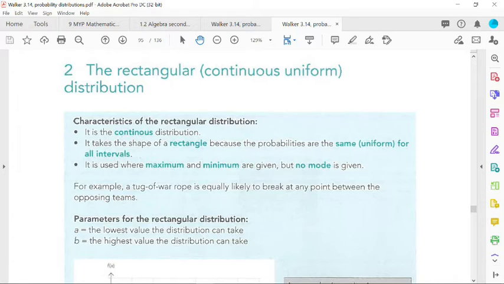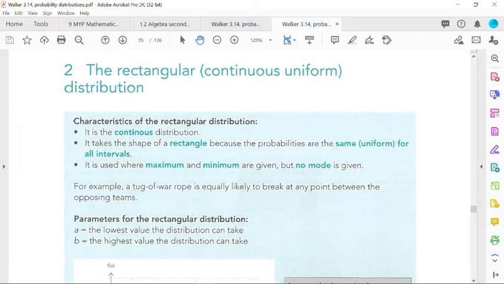That's what continuous means. It takes the shape of a rectangle because the probability is the same at all intervals. So the probability doesn't start off small, get bigger, and then get smaller like at the normal distribution. It's always the same, straight across. And you can use it. How do you know you're going to use it?